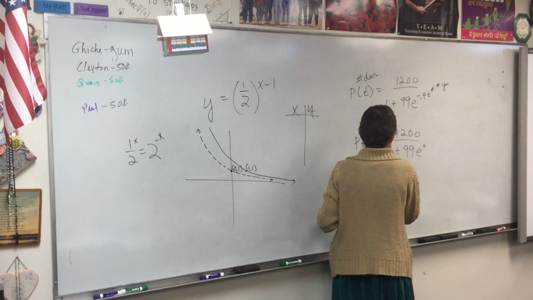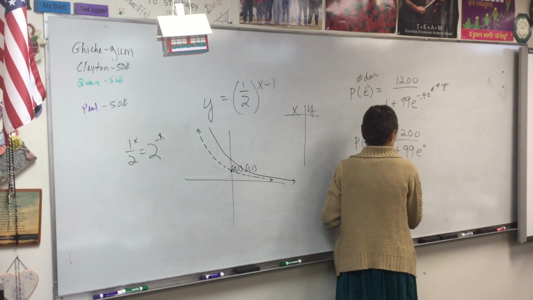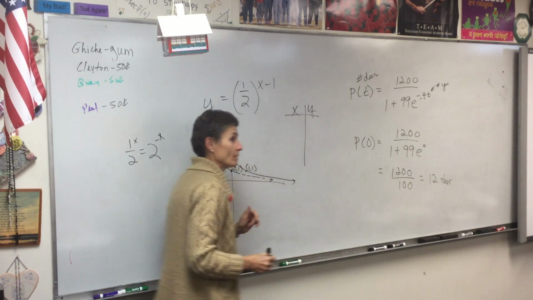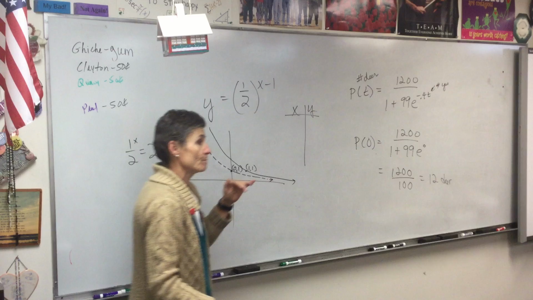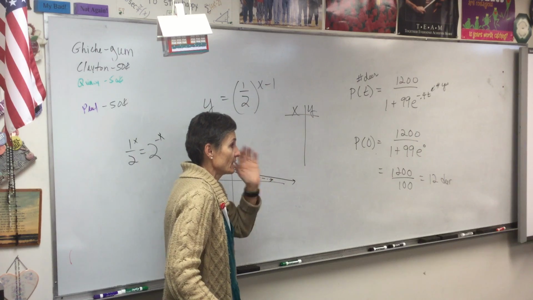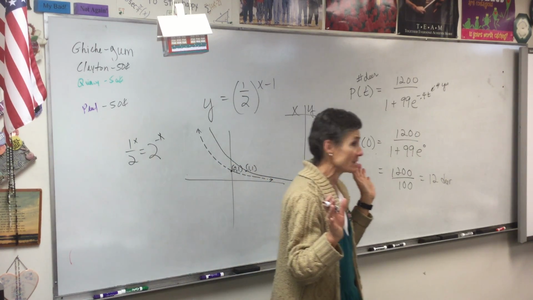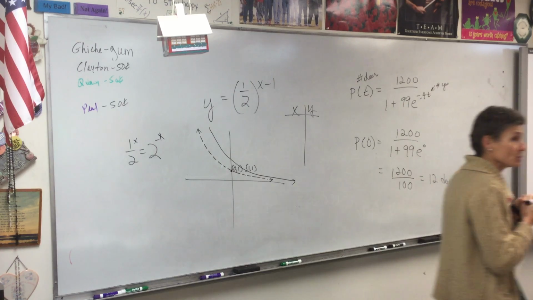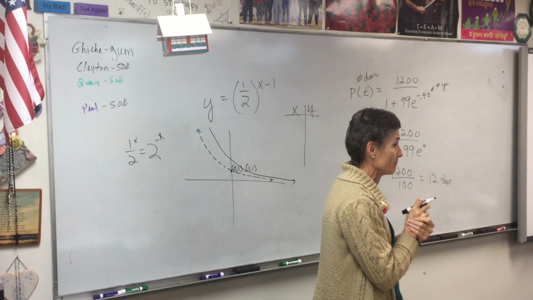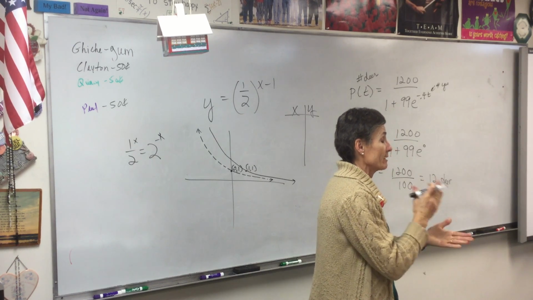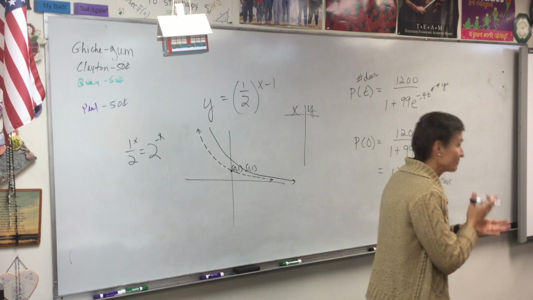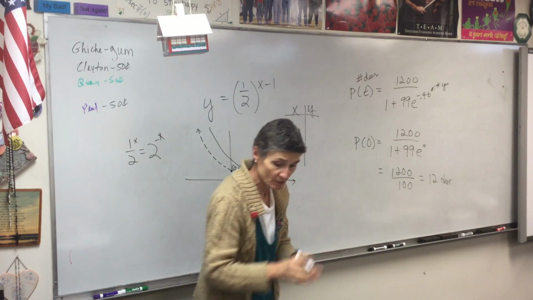So my denominator is really just 100. So the initial population of deer is 12. We started with 12 deer. In order to find the initial value of a logistic function or an exponential function, it doesn't matter, let x or t be 0. It's the y-intercept. Okay? Jack, can we look at a logistic function and tell the initial value? No, we have to figure it out.